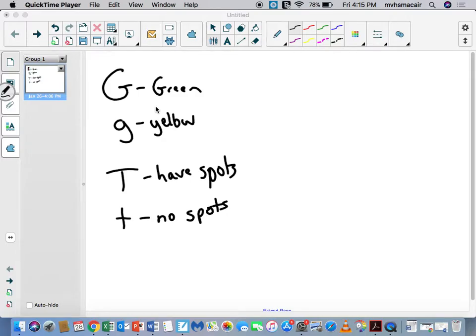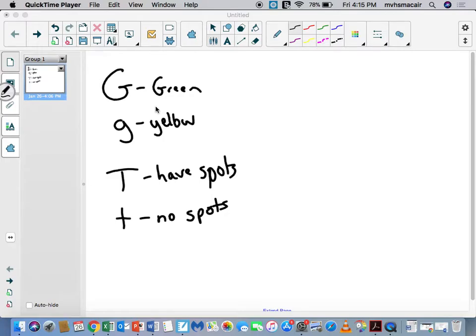If I was to ask you on a test, and you're probably going to see something like this on a quiz or a test in the near future, in sentence form, I'm going to ask you to figure out the genotype for two parents, and then cross them to get their offspring.